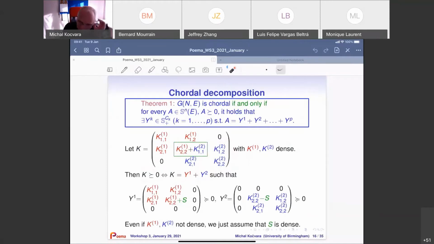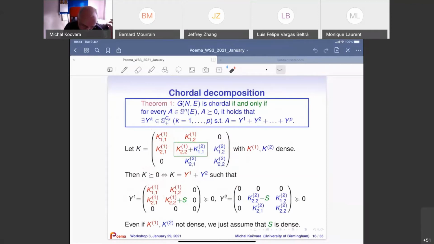So what we will try to find are matrices Y1 and Y2, which will be positive semidefinite and which will sum up into K. Now, clearly, because, for instance, the matrix Y2 has zeros in this position, and because this part of the submatrix plus this part of that submatrix Y1 should be equal to that submatrix of the original matrix K, clearly this part of Y1 must be the same as K111.